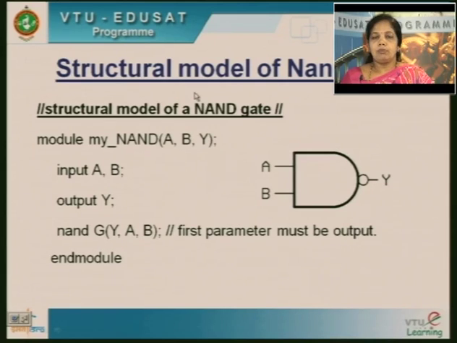This structural model can be written only if you are aware of the circuit. You are aware of the circuit, you define the variables, and then you write a structural model for the particular circuit. I will take up one more example. Let us take up a simple circuit.